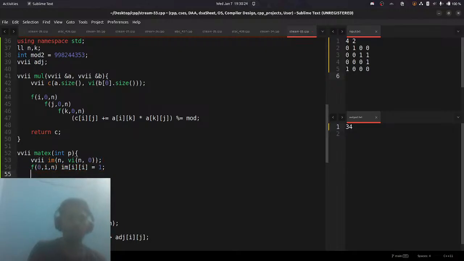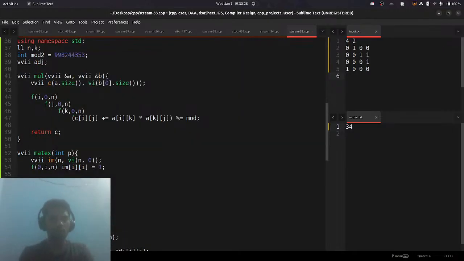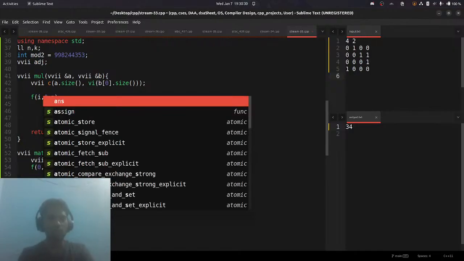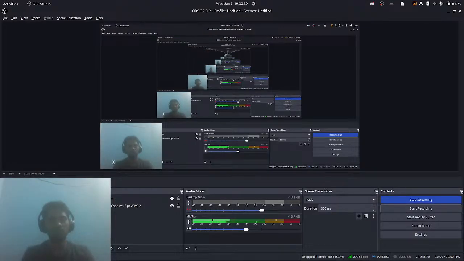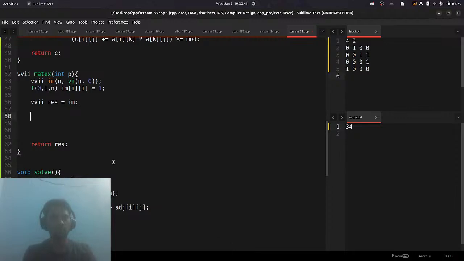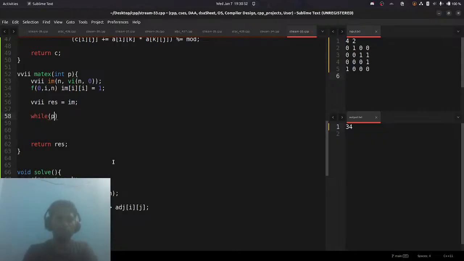Okay. So we have our res as 1 initially, and at the end we are going to return res. Of course we have the power here, and we are going to check for it.